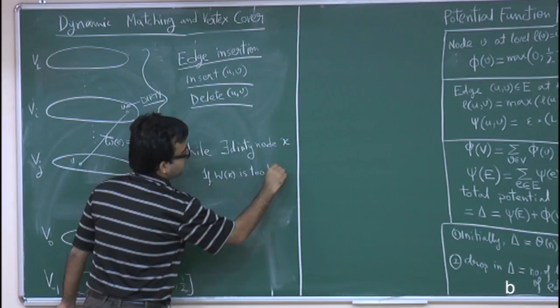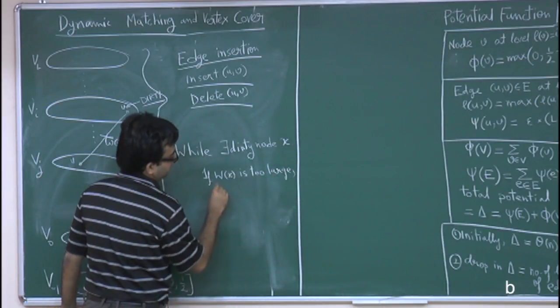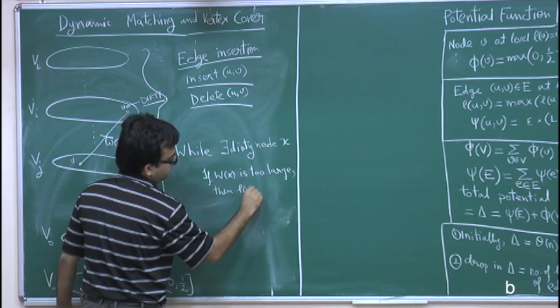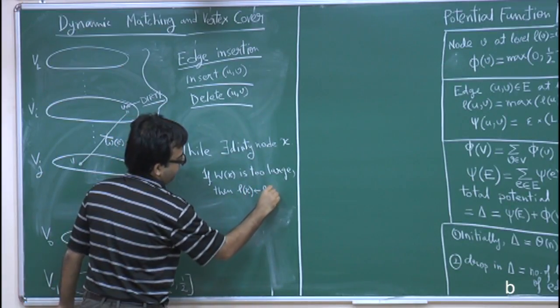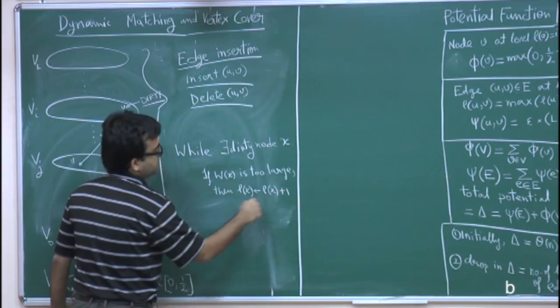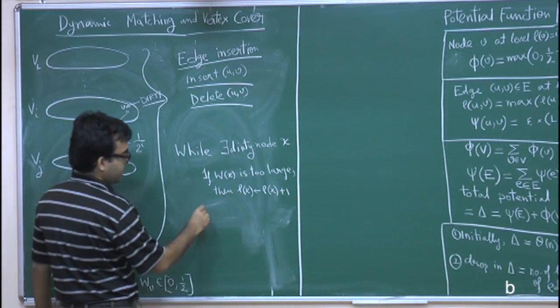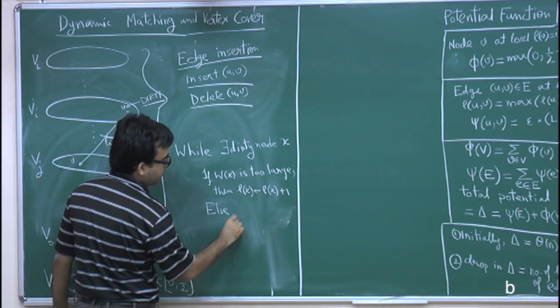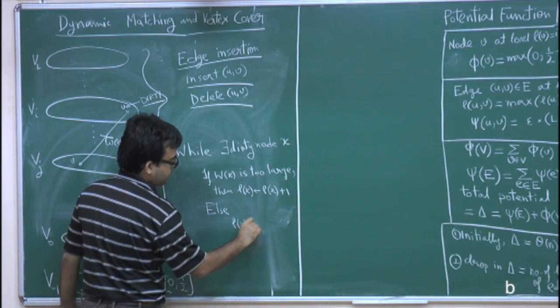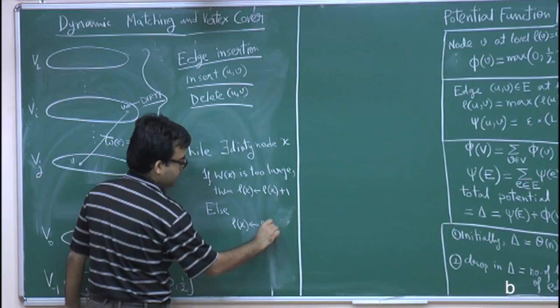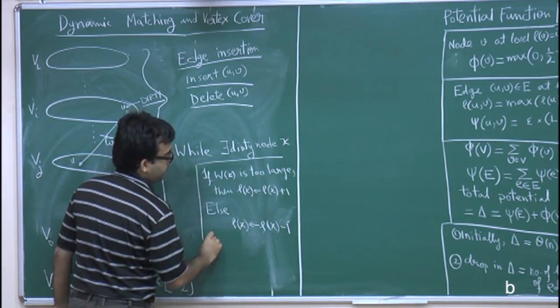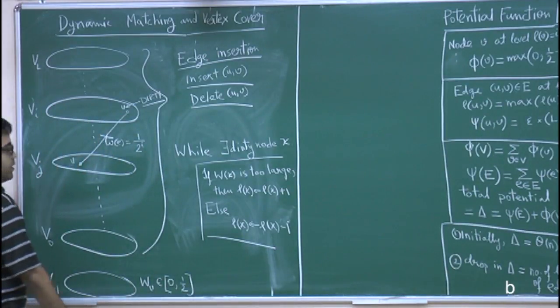So, if its weight is too large, then you just increment its level. Here L of x denotes the level of this node x. Otherwise, the weight is too small, then you will decrement its level. So, this is the while loop, okay, and then you repeat.